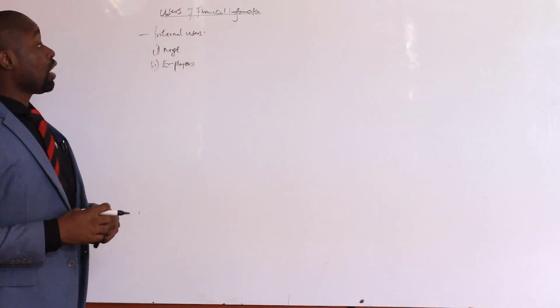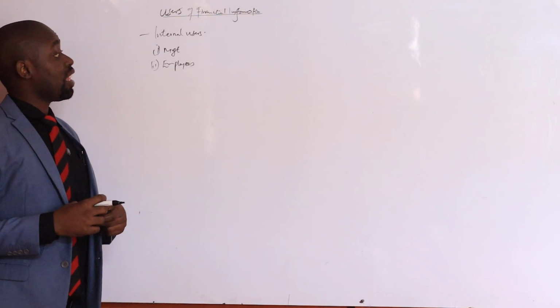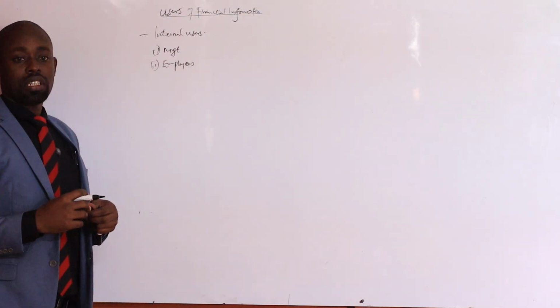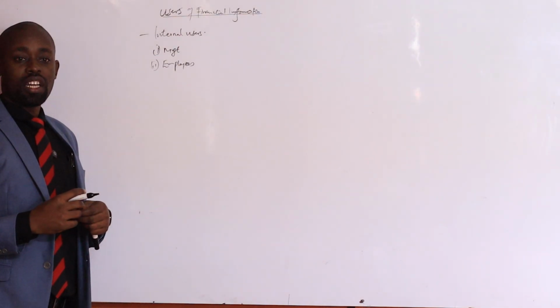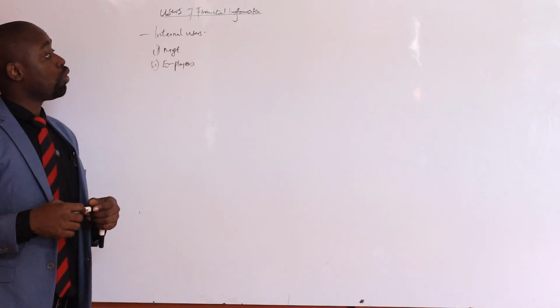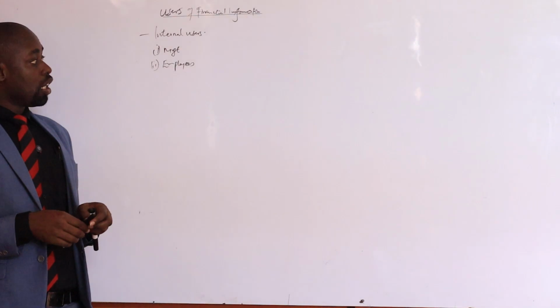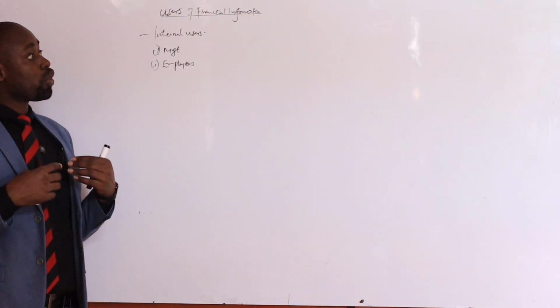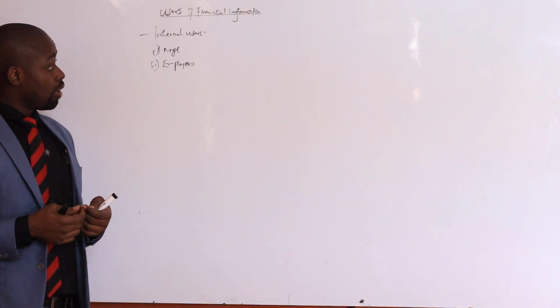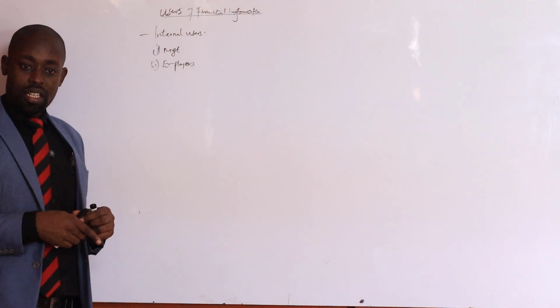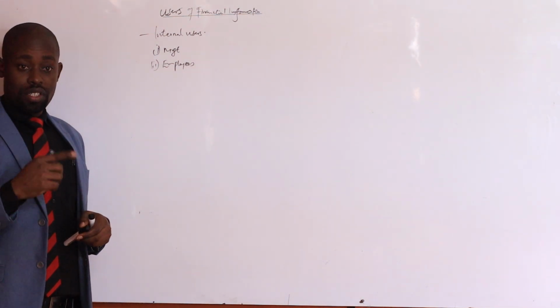Now, we're going to look at the user and their interest in the business. What's their stake? What is their point of concern in the business? Management refers to the team of individuals charged with the responsibility of running the business. They do so through decision making.